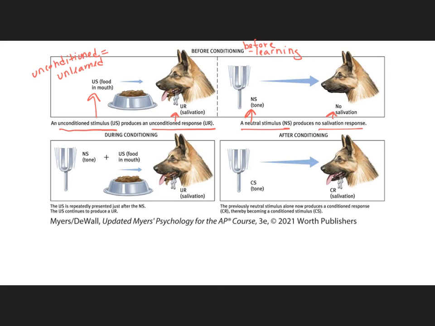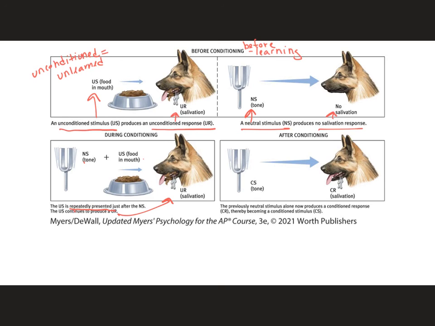Then we pair the neutral stimulus with the unconditioned stimulus. The US is repeatedly presented, which means it happens multiple times. And this causes the unconditioned response, which is to salivate. Once the behavior is learned, all you need is the conditioned stimulus.